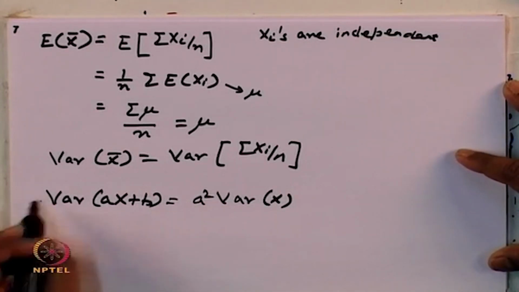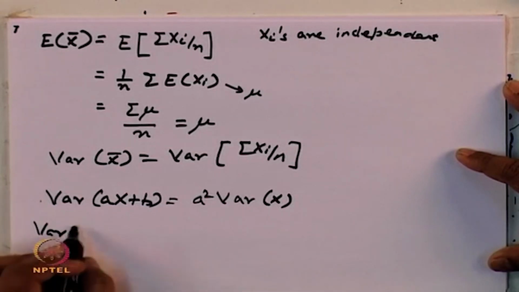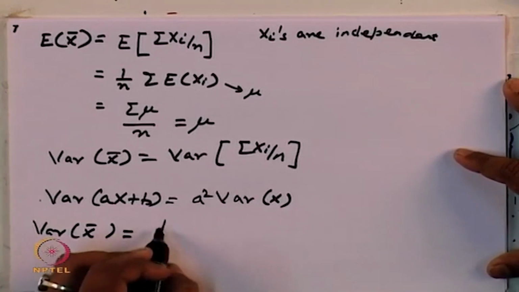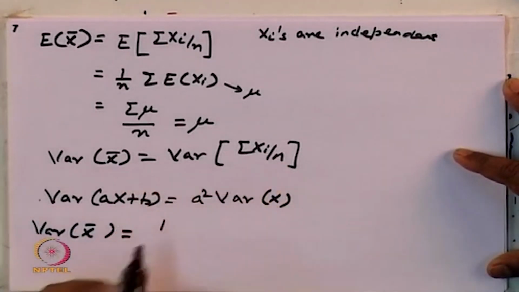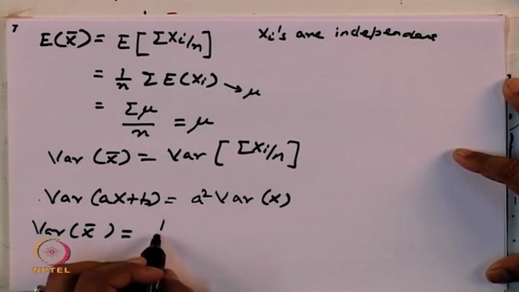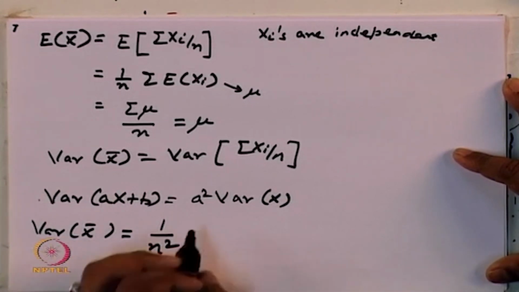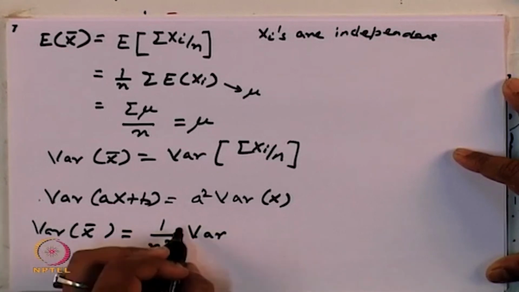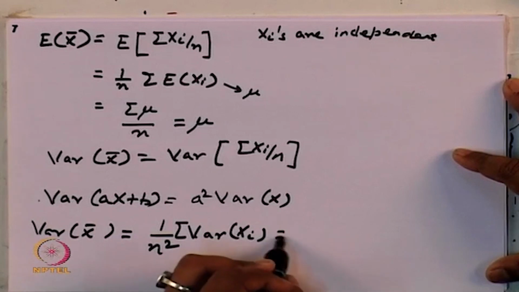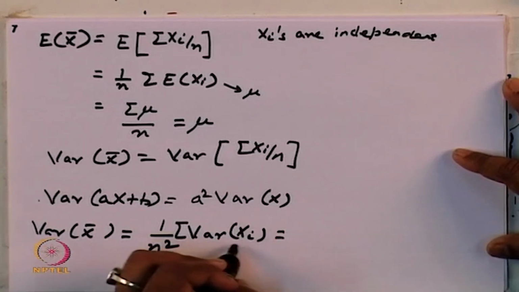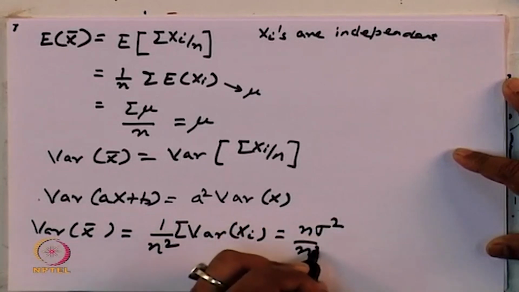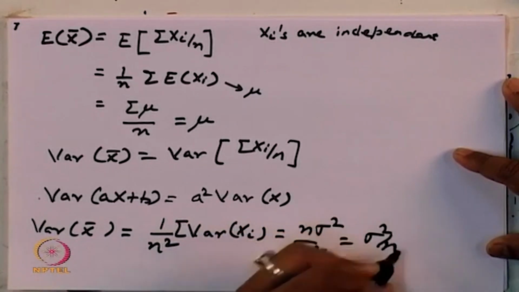So, the prefactor a is 1 by n. Variance of x bar will be 1 by n square times summation variance of xi, because the xi's are independent. Each variance is sigma square. So, I will have n sigma square by n square, which is equal to sigma square by n.